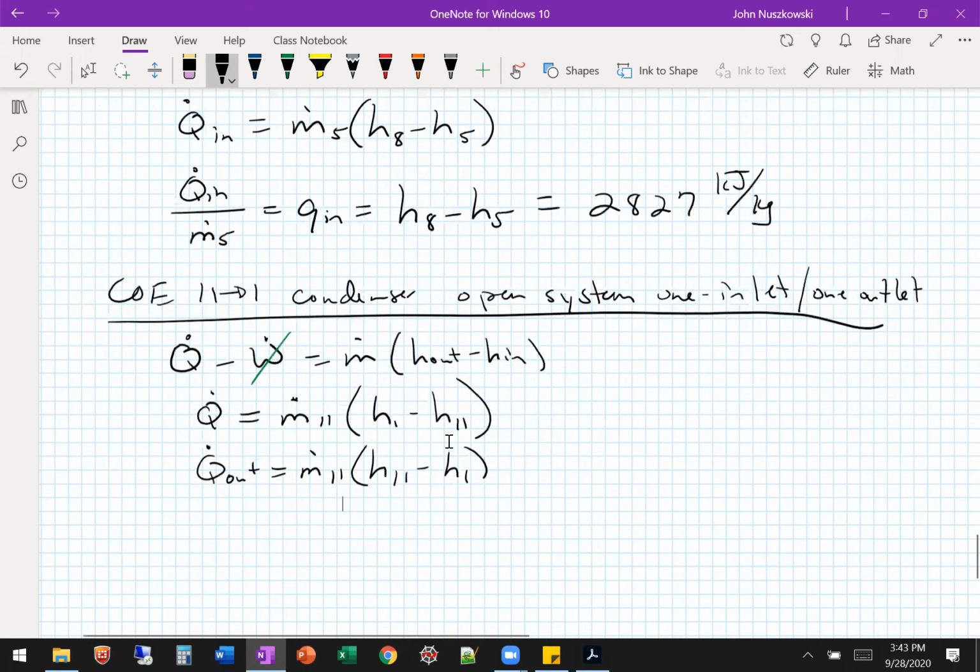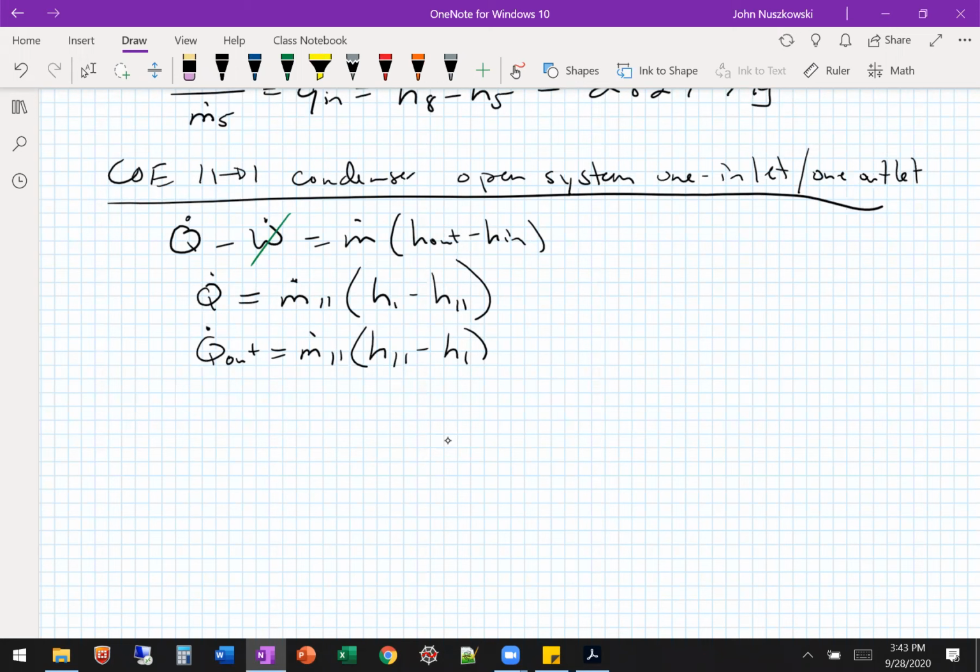Okay, so here's where a little bit of the trickiness comes in. What do you think I have to do next? Do I divide by mass flow rate 11?